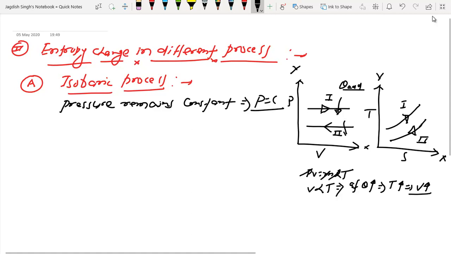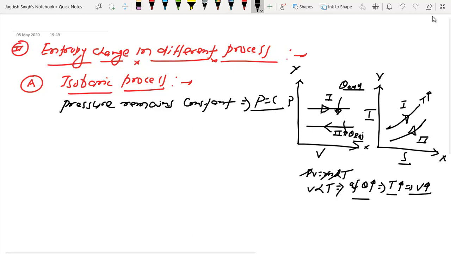Similarly, in process 2, heat is rejected. This is already explained in work. In the same way, on the TS plot, on the x-axis the entropy is there, and on the y-axis the temperature is there. When heat is added, temperature increases. When the direction is upward, the temperature is increasing.